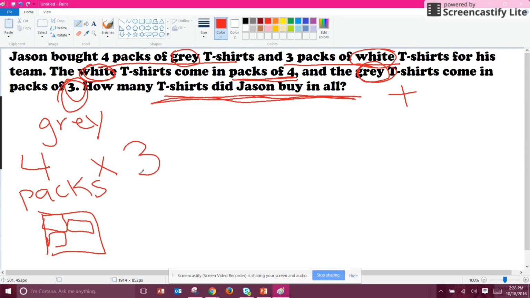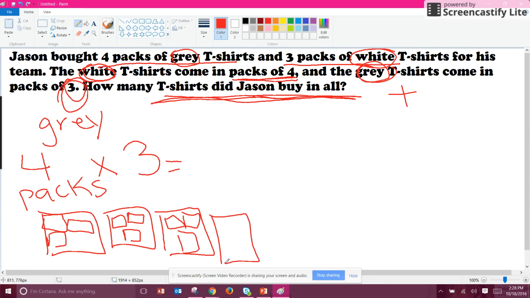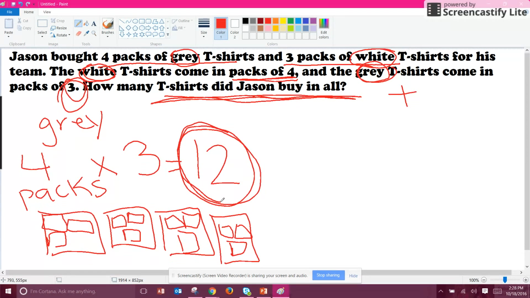And the gray t-shirts come in packs of 3. Okay, so if he bought 4 packs, and very technically, if you ever get stuck, draw the picture. My goodness. If you've got that strategy to reach for, use it. But 4 times 3 is 12, so that's the total amount of gray shirts. Are we done?